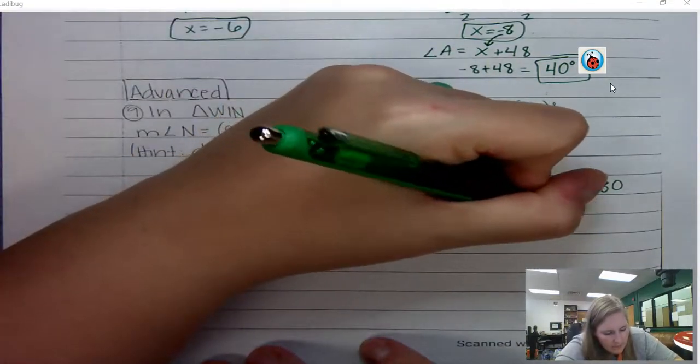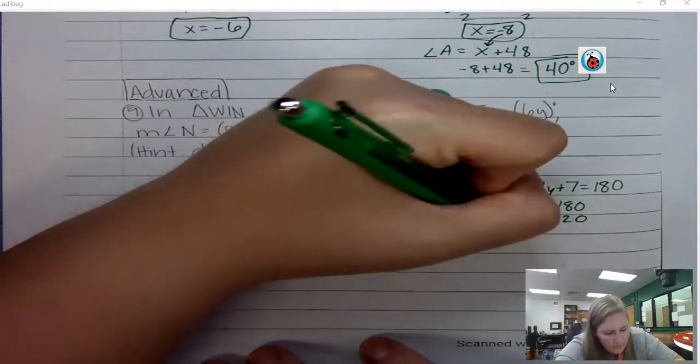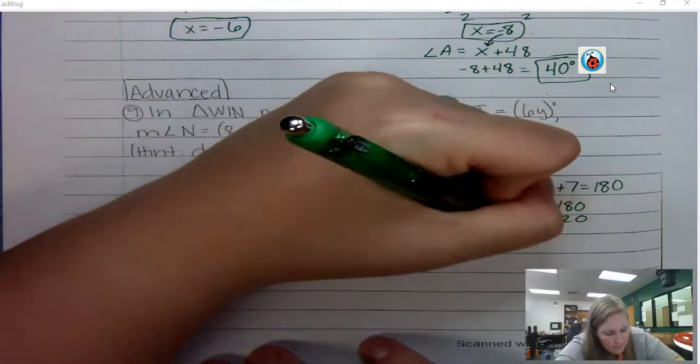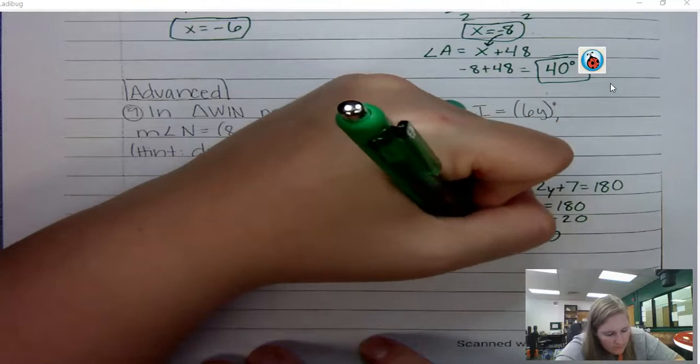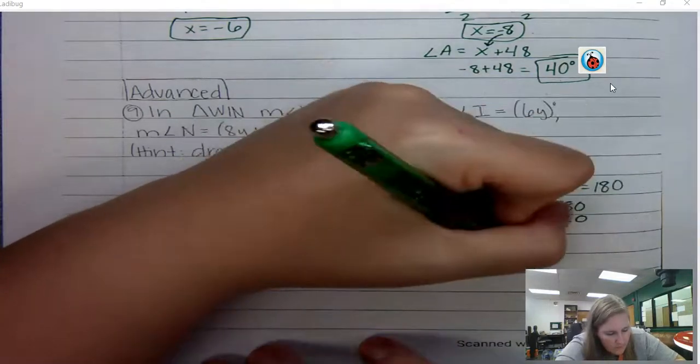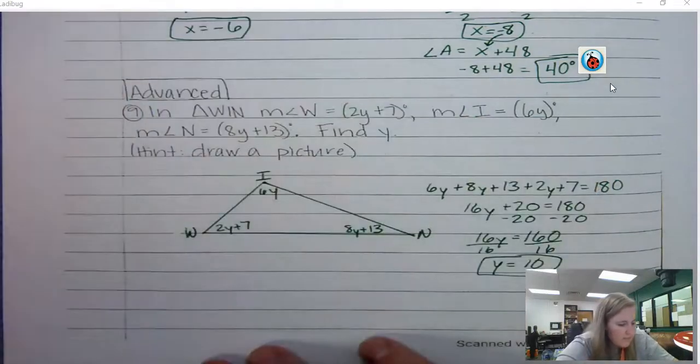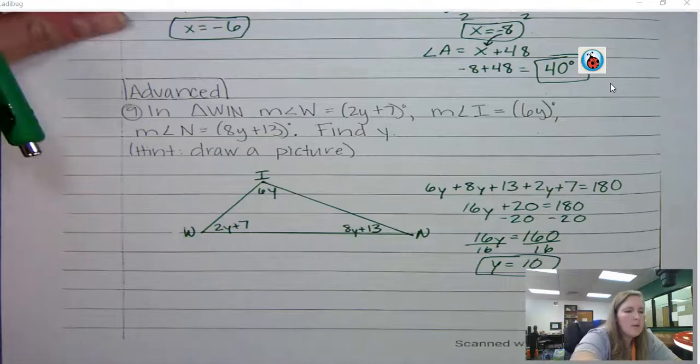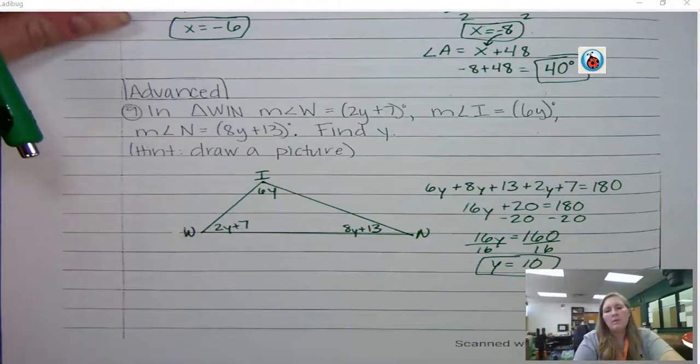Minus 20. y is going to be 10. Okay. There is that one. We've got one problem left.